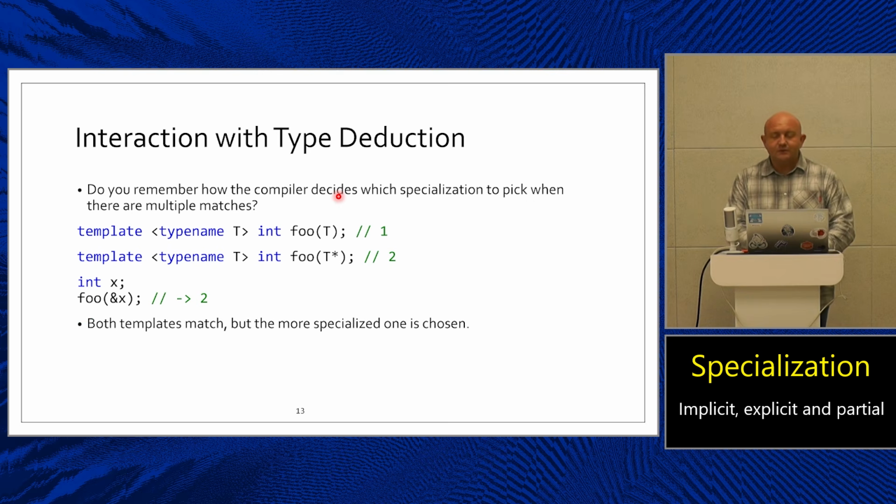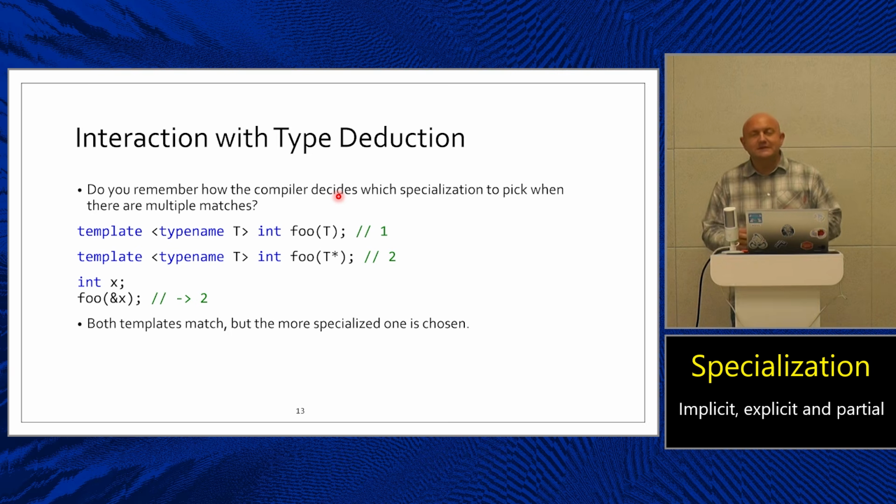This is resolved through template argument deduction. If you don't remember this, please go and see once again the previous lecture. The explanation was here.